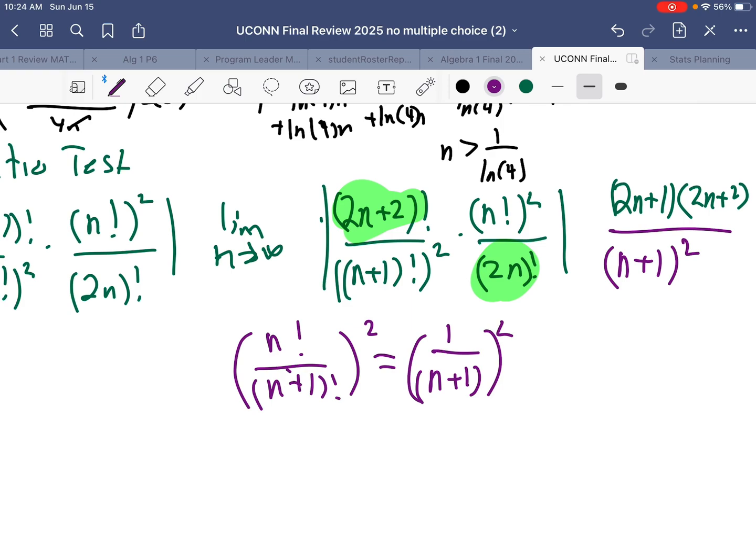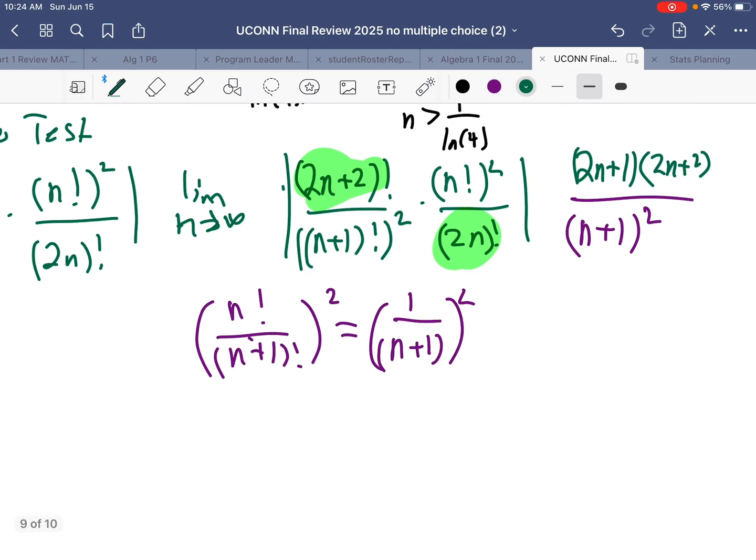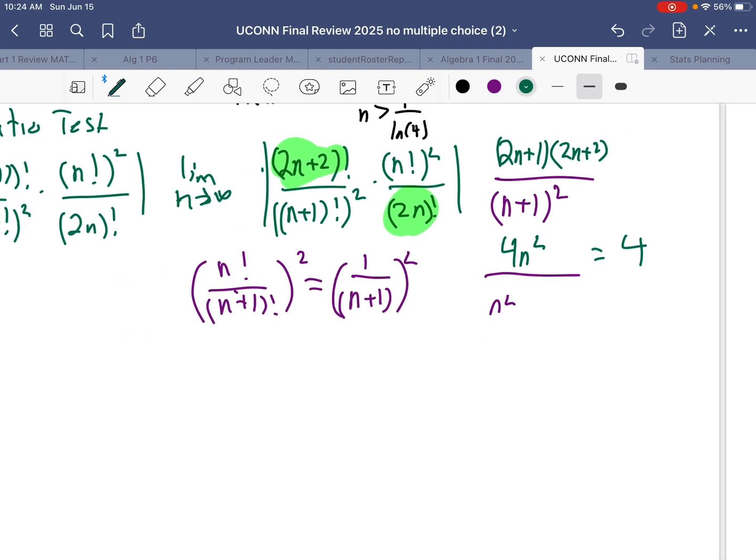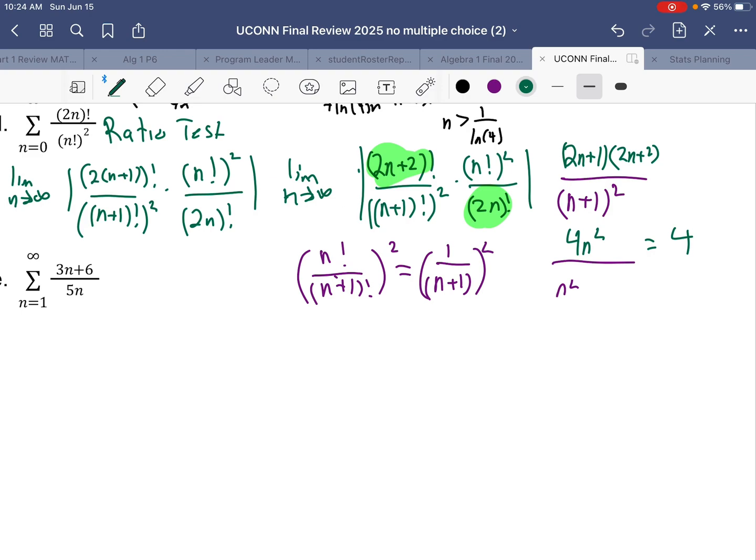So I don't care about what the other terms are. This is where I would look at the leading coefficient and the degree, what you learned in pre-calc. The leading term here is going to be 4n squared, and we're dividing by n squared. So this limit is going to be equal to 4, which tells me that this is going to diverge.